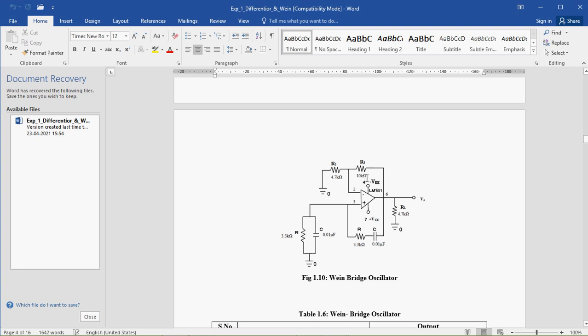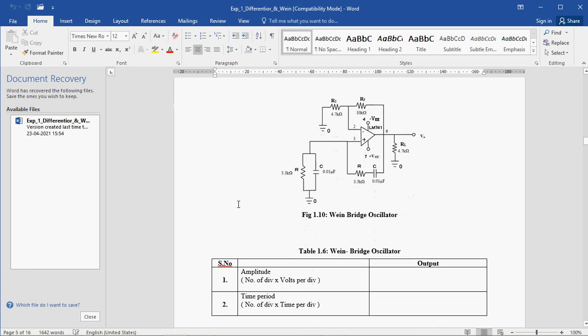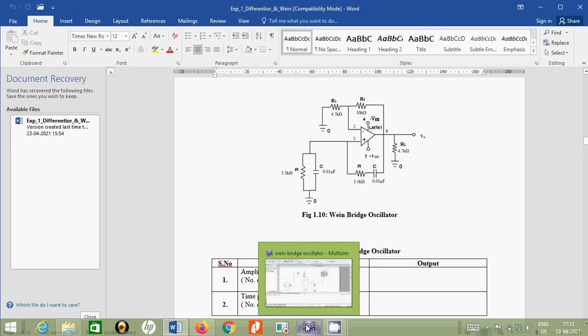Because of that, each component will tend to oscillate, and when the circuit satisfies the condition A beta equal to 1, it starts to produce a sine wave. So we will check with Multisim whether it produces a 5 kHz signal.